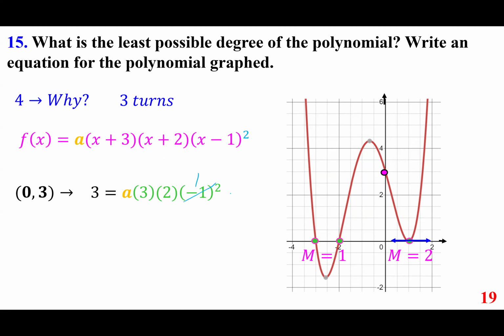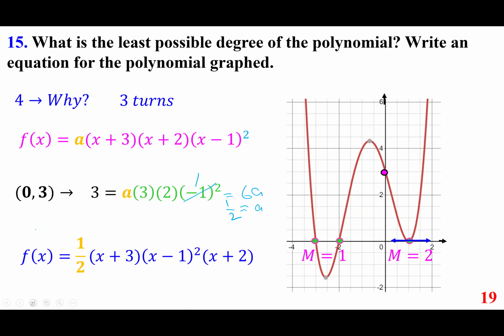So you have 6a, and so a is 3 over 6, or 1/2, and you put it in. F of x is 1/2 times (x plus 3) times (x minus 1) squared times (x plus 2). Of course, in any order you put it is fine.